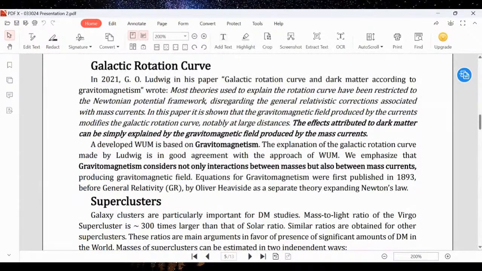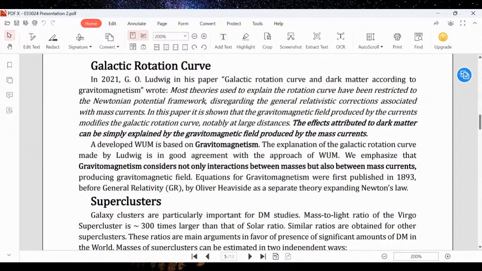Galactic rotation curve. In 2021, Ludwig, in his paper Galactic Rotation Curve and Dark Matter According to Gravitomagnetism, wrote: most theories used to explain the rotation curve have been restricted to the Newtonian potential framework, disregarding the general relativistic corrections associated with mass currents.